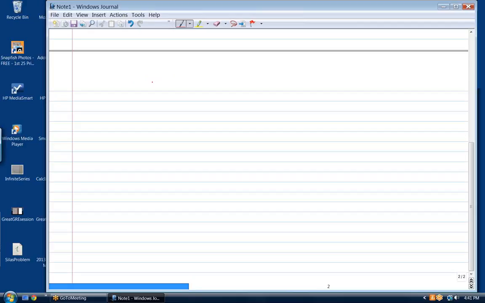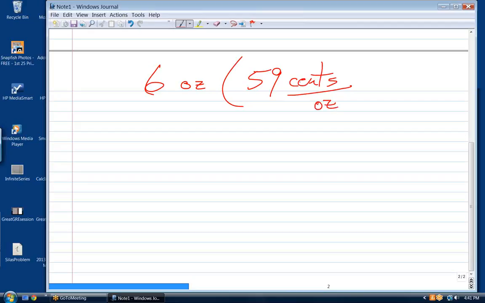So next one is 6 ounces times 59 cents to an ounce. 59 cents per ounce. In other words, this store charges 59 cents for every ounce that you buy. So that's the way I would write that, is cents per ounce.